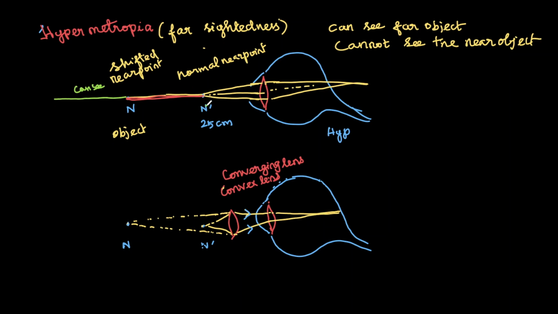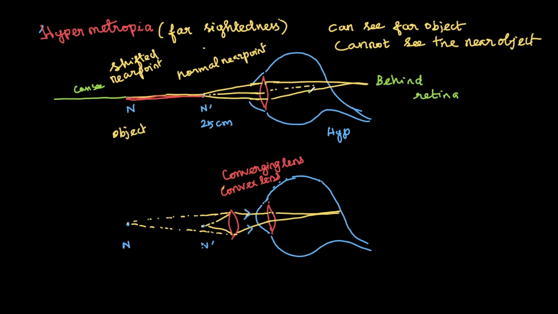Whenever the object is nearby, the light will be focused just behind the retina, so the image will also be formed behind the retina. So what are the causes of hypermetropia?